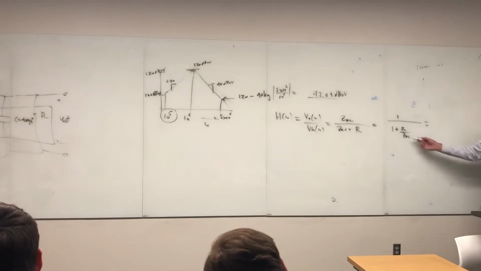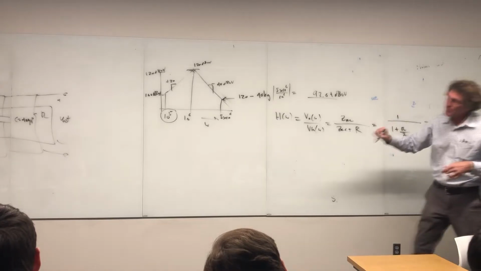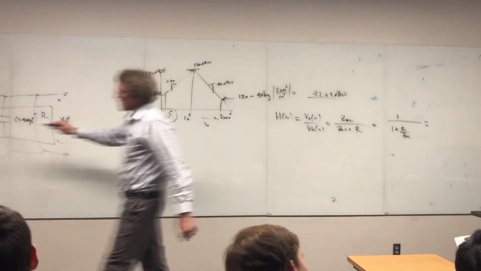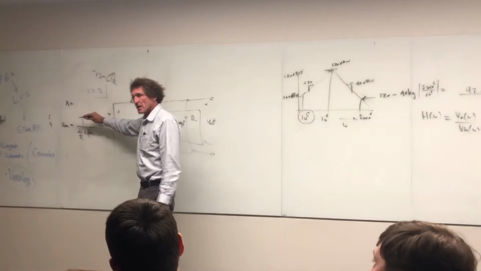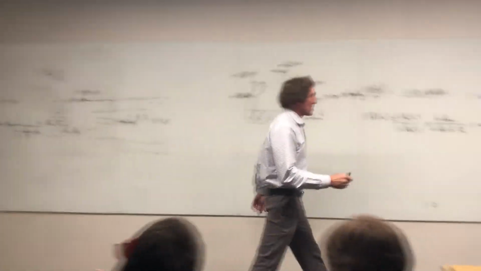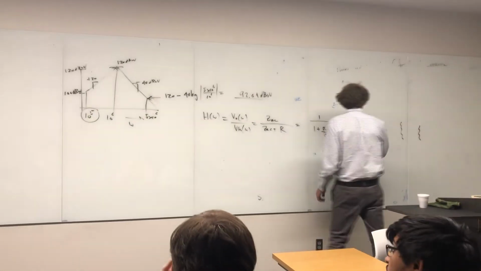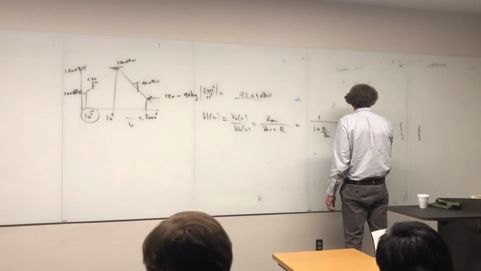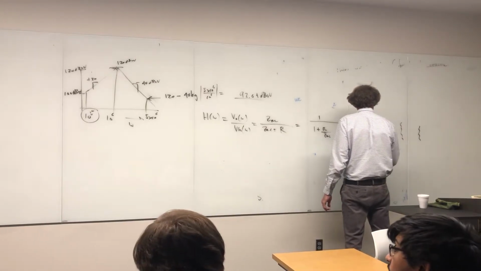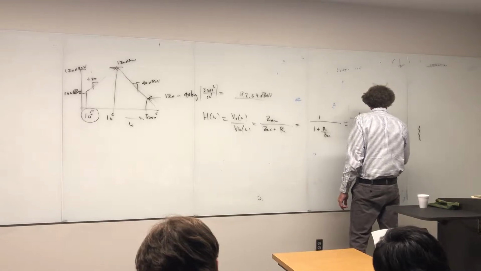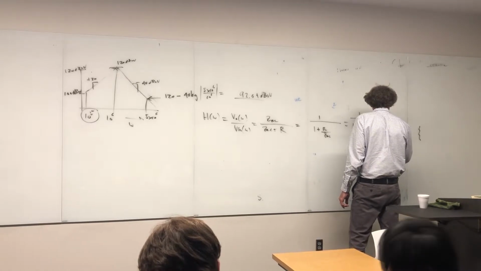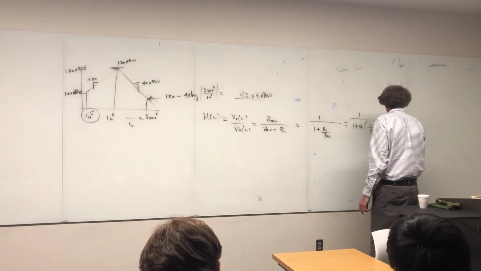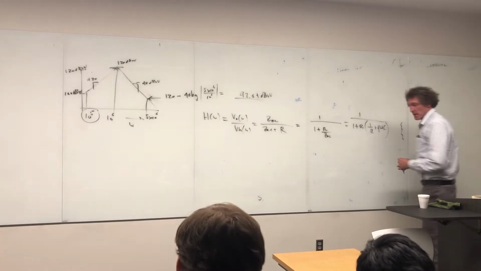Now I put in what this is, but what is ZRC over there? It's this, right? Take 1 over that. Now you get 1 over R. Let me write it down. Now I have 1 over 1 plus R times the quantity 1 over R plus j omega times C. Agreed?